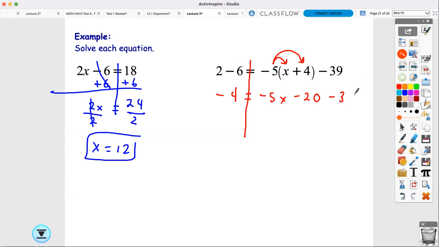Bring down the -39. Are there any like terms on the right side, class? The 20 and the 39. Yeah, what's -20 minus 39? We owe the bank 20, but we spent 39 more. Is it -59? Yeah.